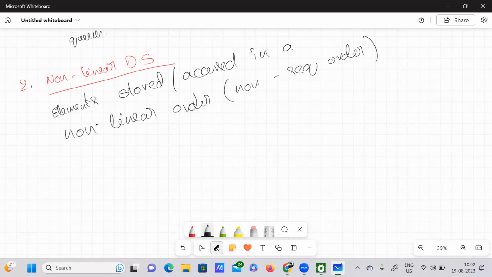These may be random. So these are the two types of data structures, and in the non-linear data structures we have a few examples: trees and graphs are the two examples that belong to non-linear data structures.